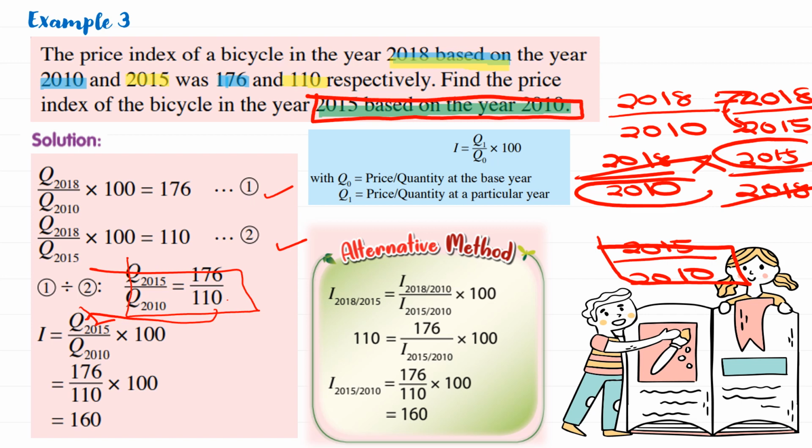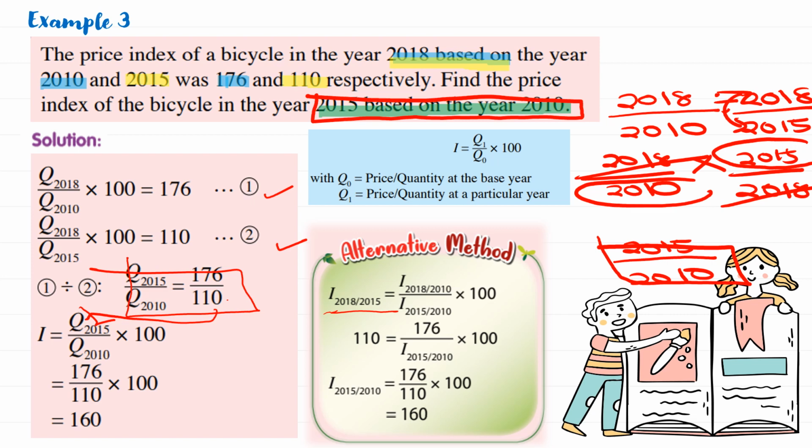This is the alternative method. You can also try this alternative method using the price index for 2018 based on 2015. 2018 based on 2010, you divide by 2015 based on 2010, and you will get 2018 based on 2015, and then you times 100.